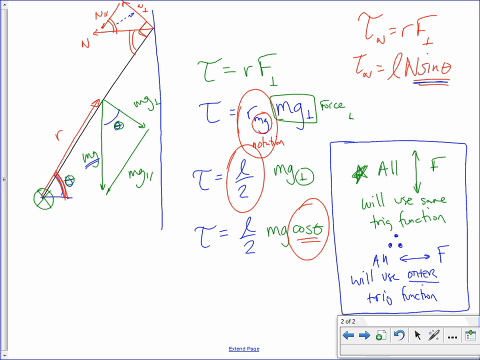If you can figure out one of them, and what I mean is, do I use cosine or sine? If for one of the forces you say, okay, I know for this one the perpendicular component has to involve cosine, well, then, boom, apply this rule. Every other force that points in the same direction as that one uses the same trig function. Every force that points in the other direction, the perpendicular direction to that, has to use the other trig function. That can help, I guarantee it. Unless it's just my thinking that no one thinks the same way, but I can't imagine that's true.